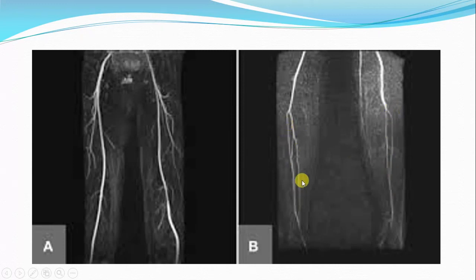Here some of the dye is going. So he will most probably be having claudication on the left side. A is the normal one and B is where there is blockage of the femoral artery. Where? In the adductor canal.